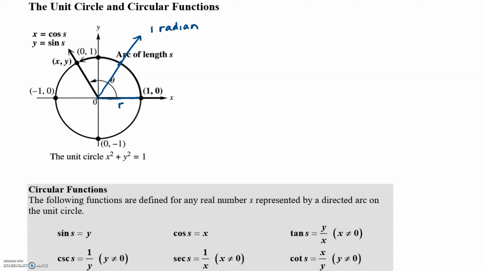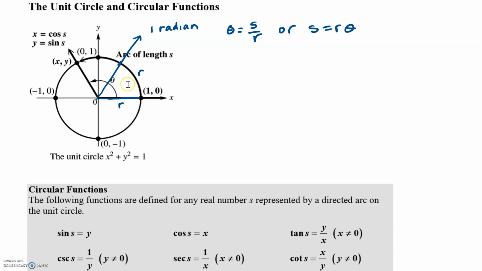We also saw if theta was a central angle of a circle of radius r, and theta intercepts an arc of length s, then the radian measure of theta would be s over r, or we said s is equal to r times theta.